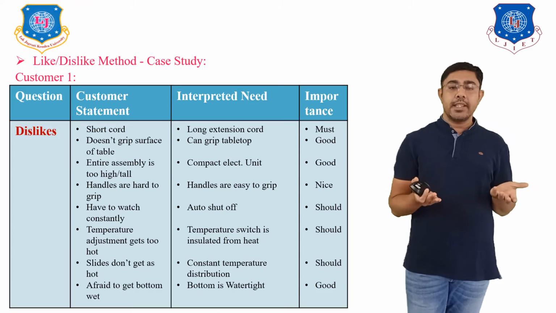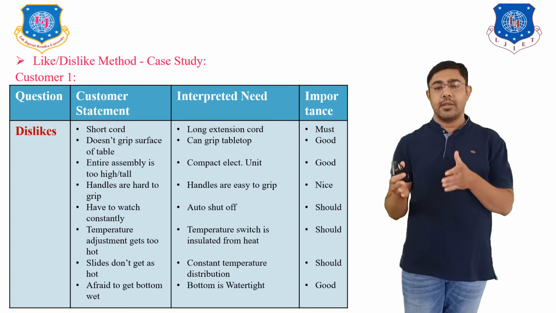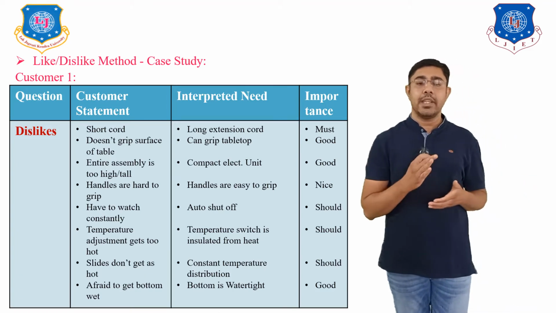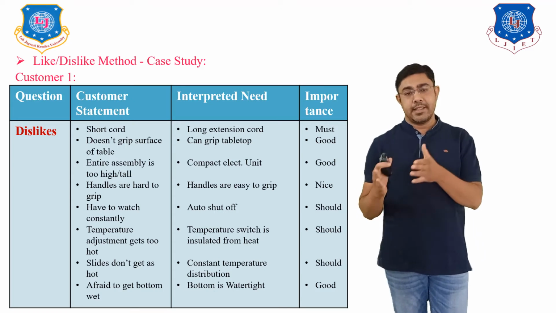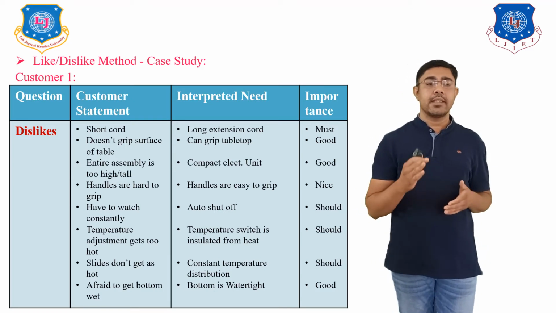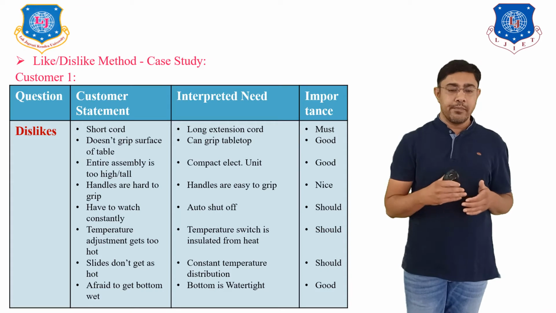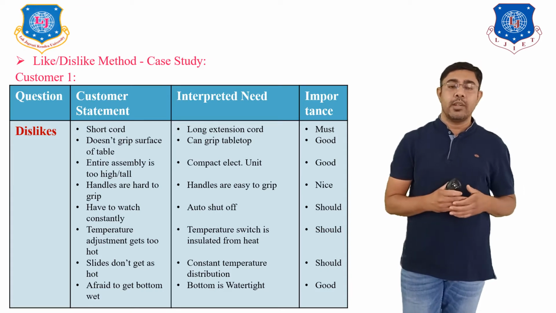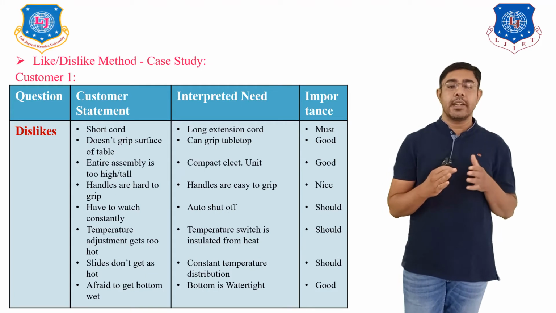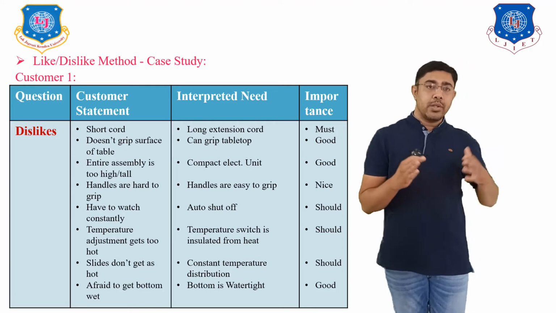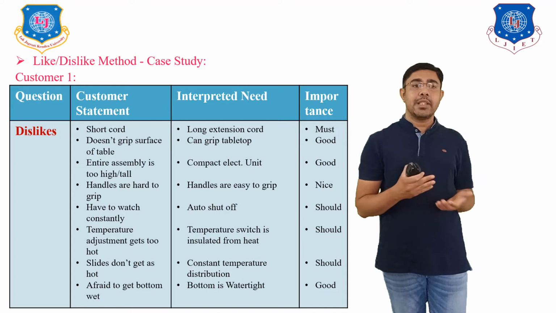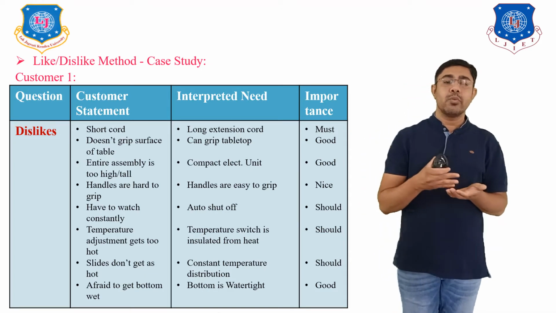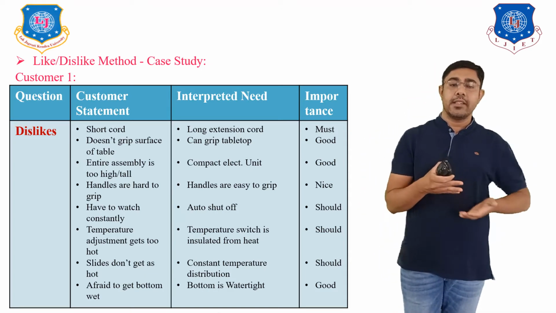So the need is what? A long extension cord, and there must be a long extension cord required. So that must is the expression of the customer. The second dislike statement mentioned in the second column is doesn't grip the surface of the table. Doesn't grip the surface of the table means the pan moves during stirring.